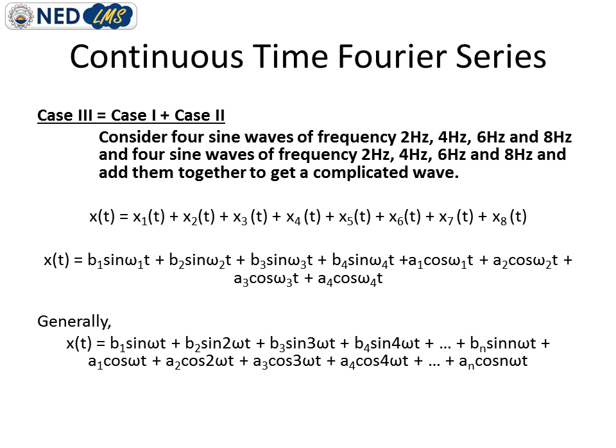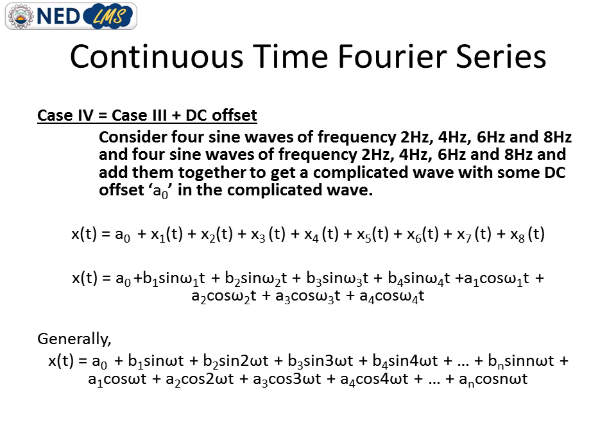In general we can say that this type of waveform can be represented by the mathematical expression written in the slide. It must contain n number of sine waves and n number of cosine waves. So this is the third wave, which constitutes a very complicated waveform, not a simpler one.